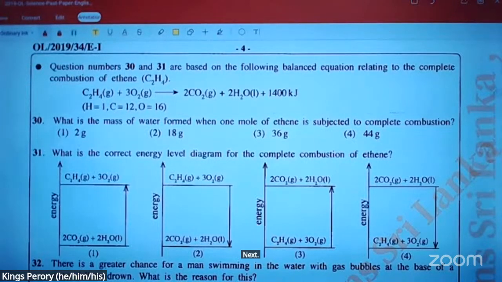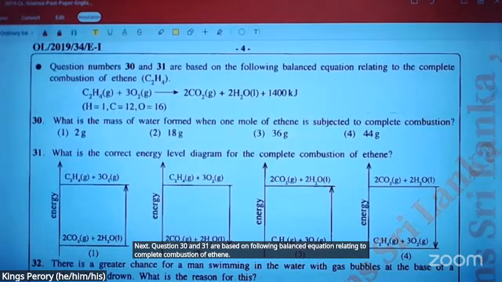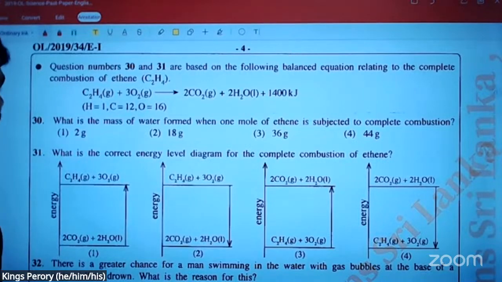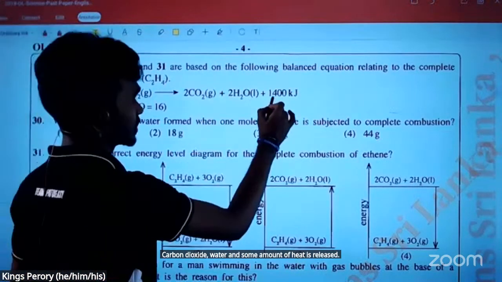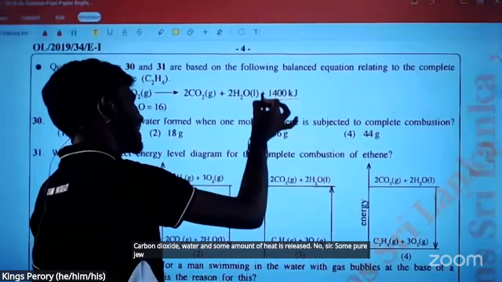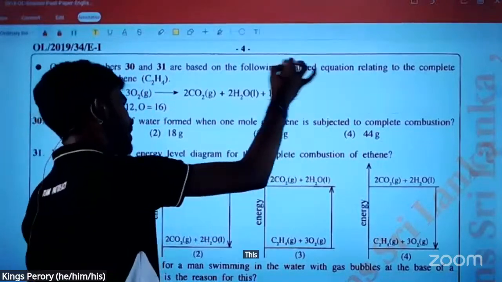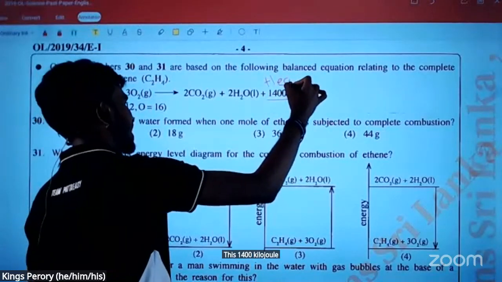Questions 30 and 31 are based on the following balanced equation relating to complete combustion of ethene. Ethene combusts with oxygen, forming carbon dioxide and water, and some amount of heat is released. This 1400 kilojoules indicates heat is released.